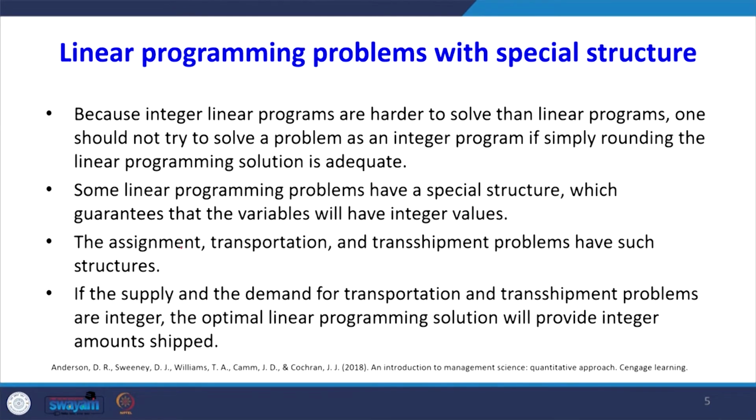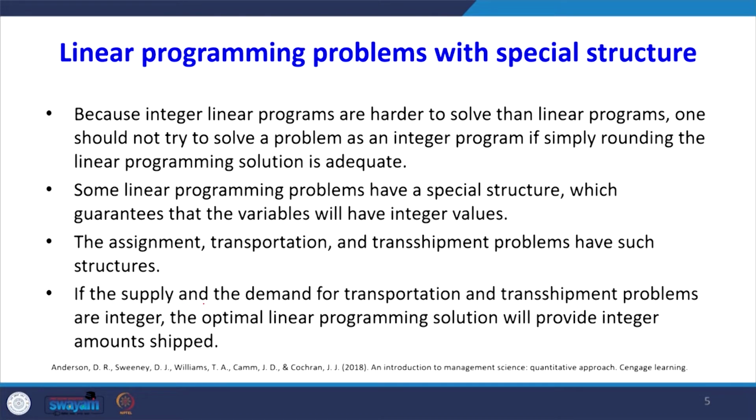For example, the assignment, transportation and transshipment problems have such structure. What is the meaning? In these problems, if the variables and the coefficients are linear and integer, then your solution will also be integer.